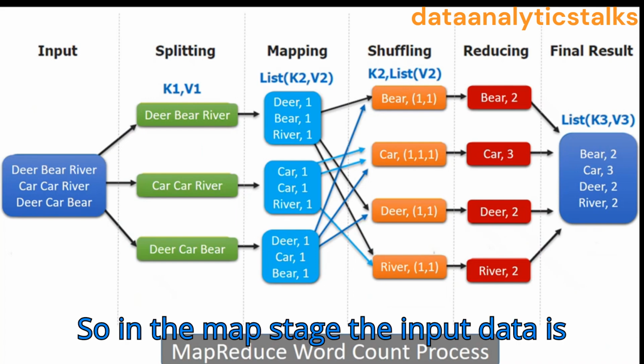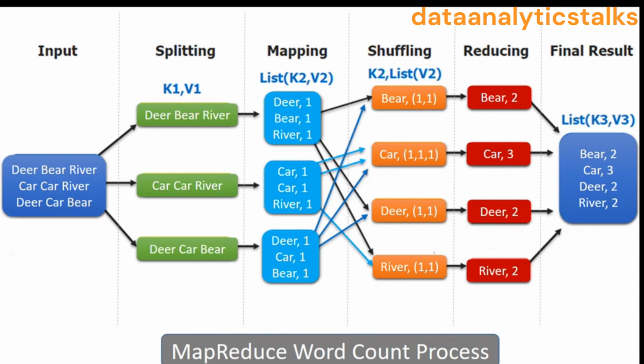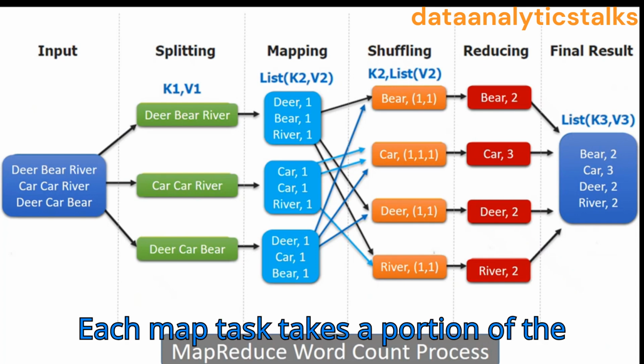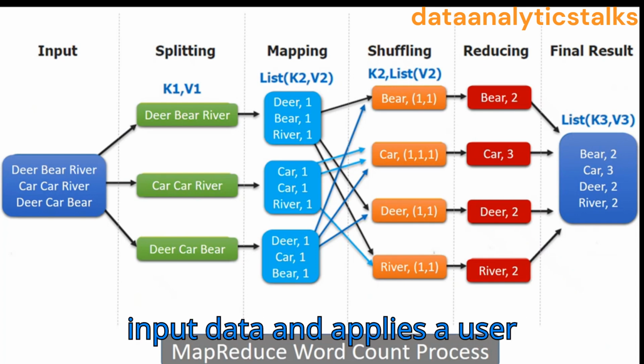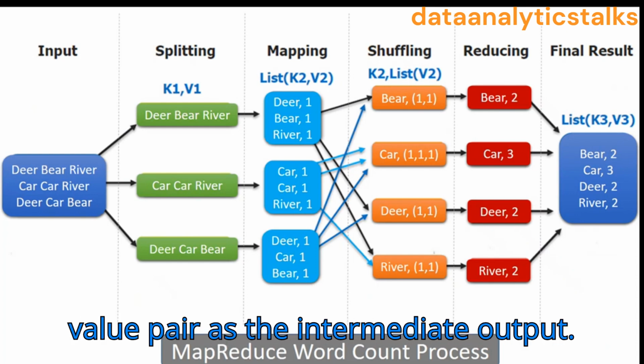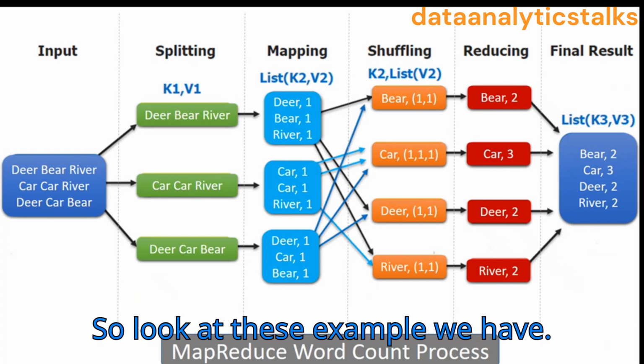In the map stage, the input data is divided into chunks and processed in parallel by multiple map tasks. Each map task takes a portion of the input data and applies a user-defined map function to generate key-value pairs as the intermediate output. Look at this example.